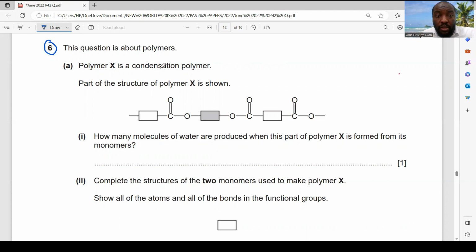The first question here is, what is a condensation polymer?